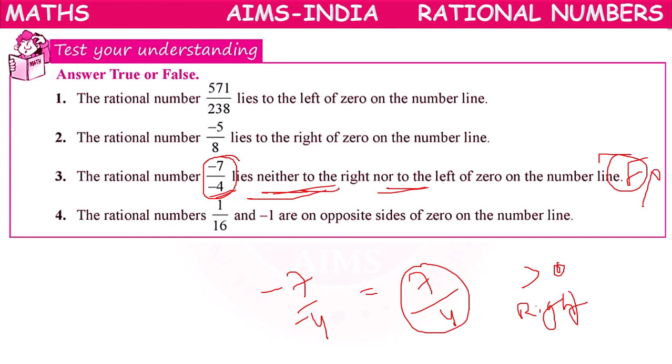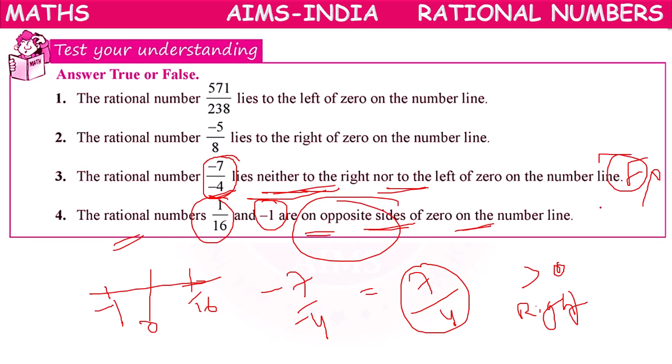Wrong, false. The rational numbers 1 by 16 and minus 1 lie on opposite sides of 0 on the number line. Correct, because 1 by 16 is positive, on the right-hand side, and minus 1 is negative, on the left-hand side. They lie on opposite sides. This is a true statement.